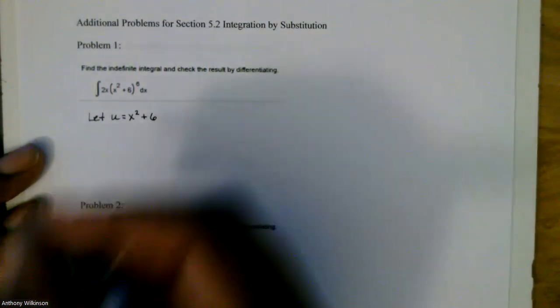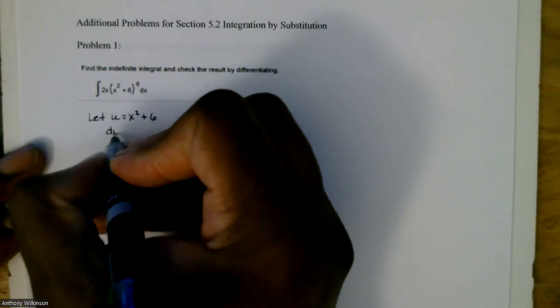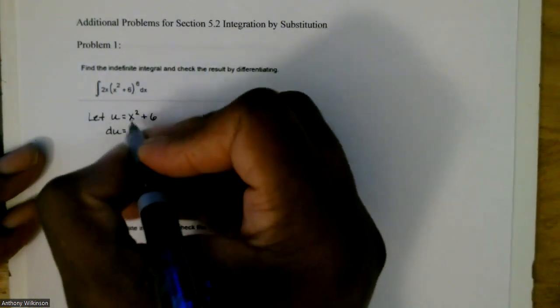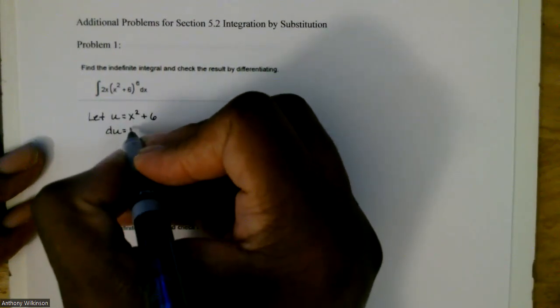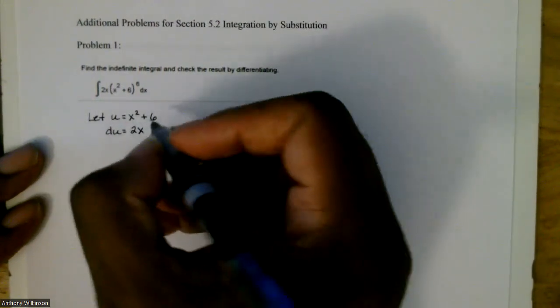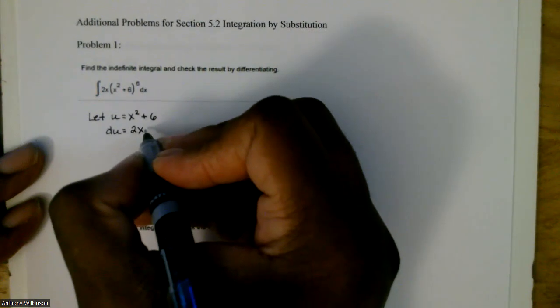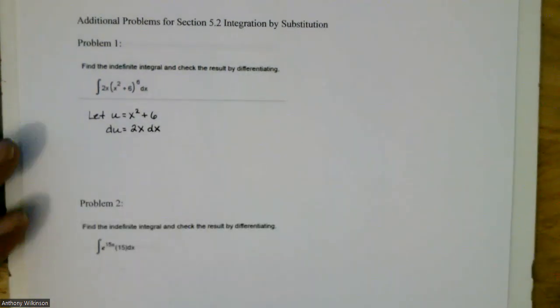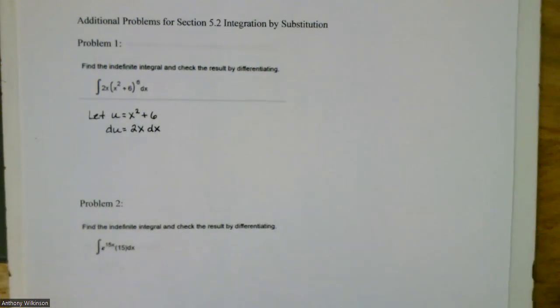Okay, and then we take du, the derivative of u with respect to x. That's just going to be the derivative of x squared, which is 2x, and the derivative of 6 is 0. So I have du equal to 2x, and then we include the dx. If you take a look at that, you'll see that you already have 2x dx in this problem.